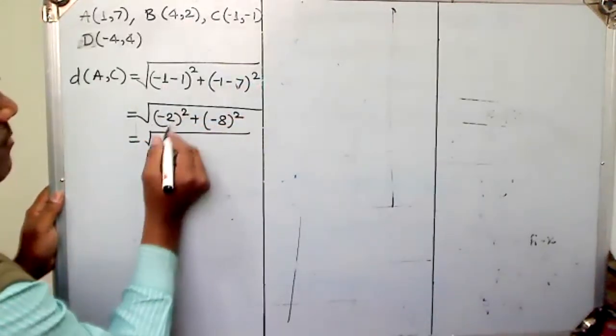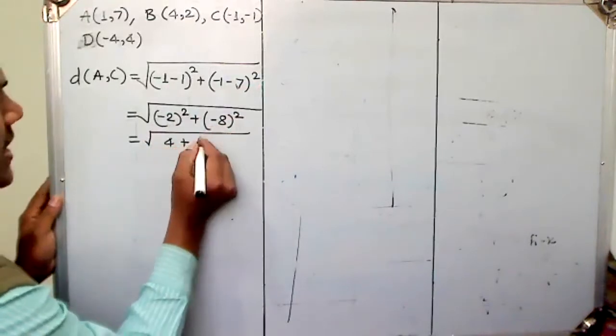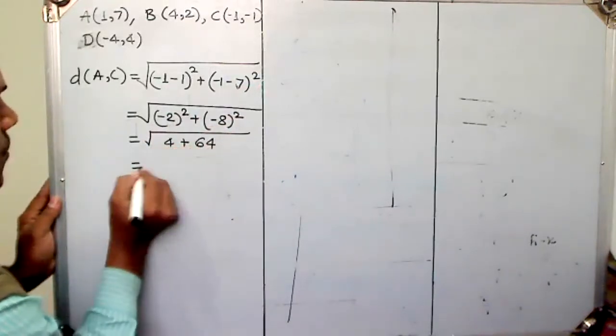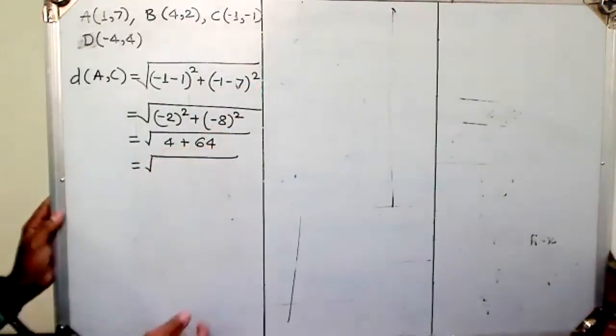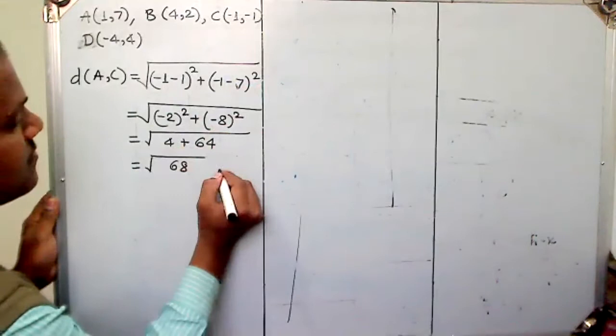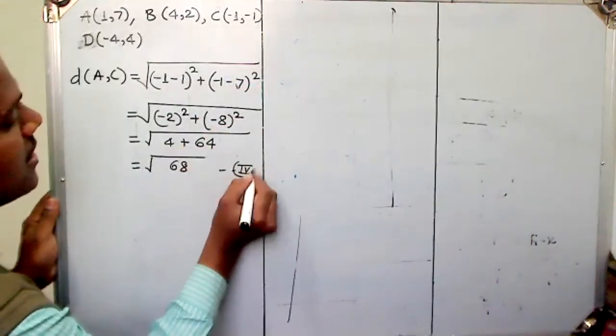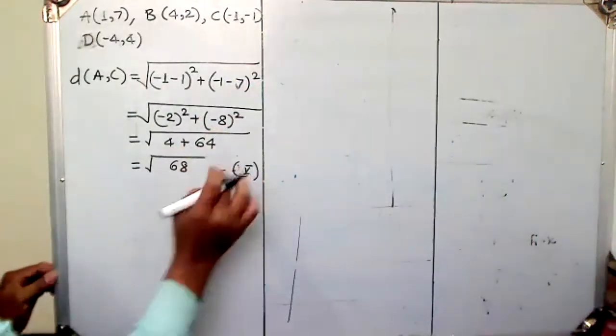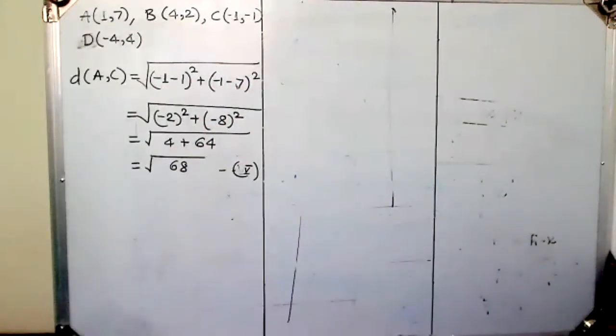Again, I can write here (-2) square is 4 and (-8) square is 64. So 4 plus 64, root 68. I'm writing this as equation number 5.